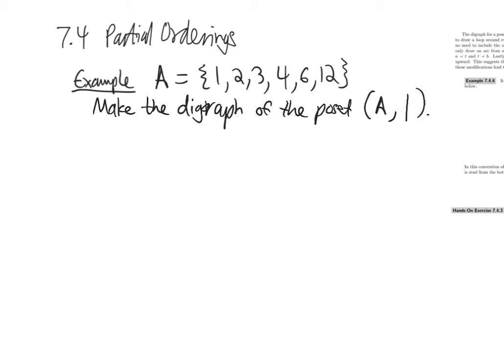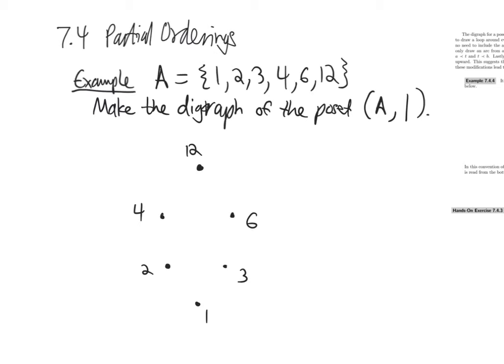I'm going to make this in a particular way because there's a simplification of this graph we're going to do in a moment. What I'm going to do is start from the bottom and work my way up. So let's say 1 is down here. I'll put 2 here, 3 here, maybe 4 here, 6 here, and I'll put 12 up here.